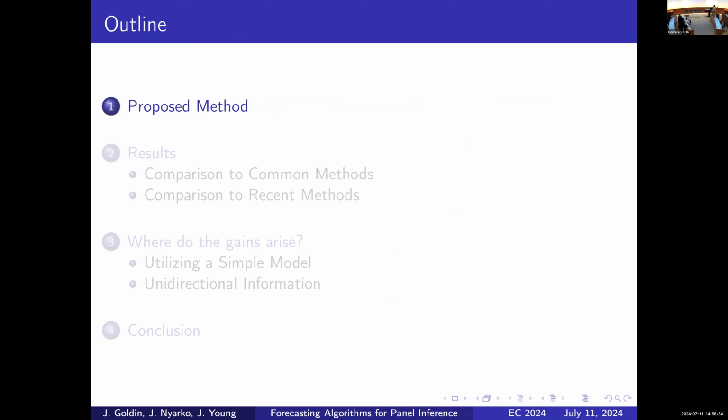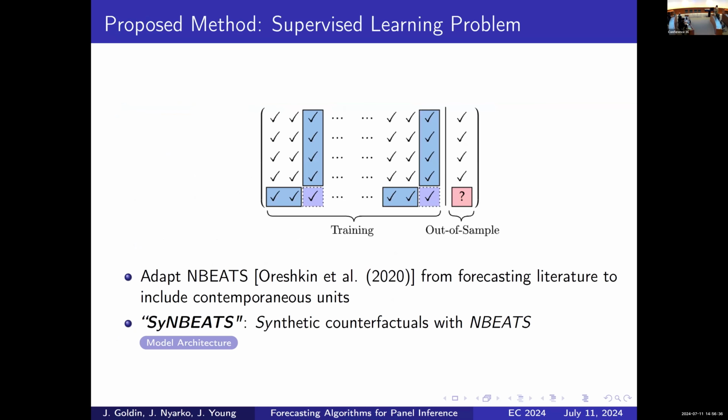So what are we going to do here? We're going to translate this into a supervised learning problem. We're going to use this L-shaped pattern. We're going to use contemporaneous controls, that is the vertical component, and we're going to use the lagged outcomes, which is the horizontal component here. We're going to try to impute that purple square, create a training set, and then predict out of sample.